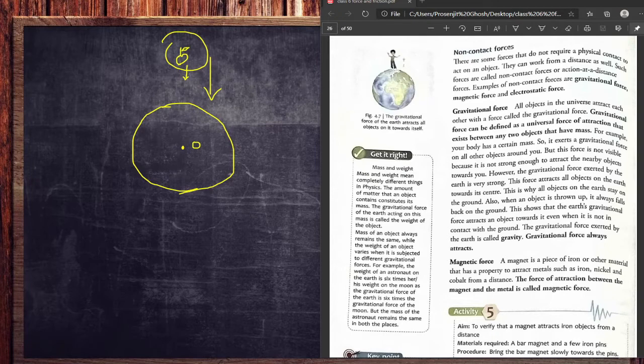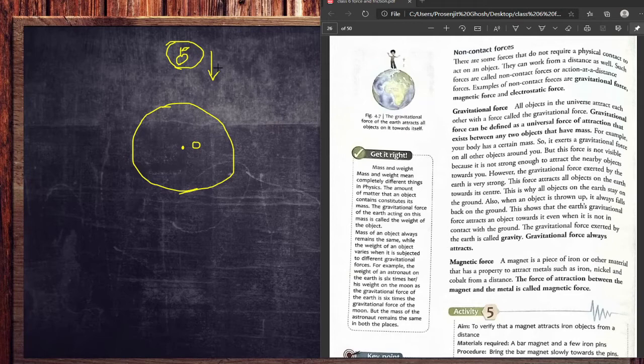Just listen carefully. Is there any contact between the earth and the apple? No. While the apple is falling, there is no contact between the earth and the apple. But still, the earth is attracting that apple towards it. Not just the apple, all things on the earth are attracted by the earth's gravitational force, and that is the generation of the weight of any object.